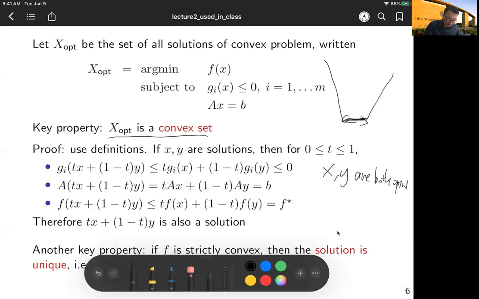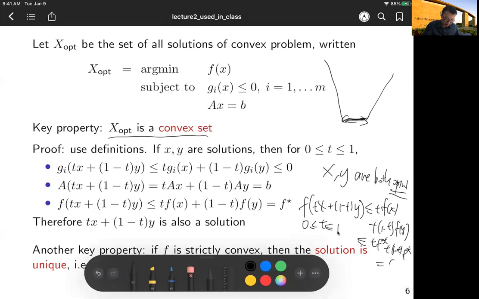Then any interpolation of x and y, with t between 0 and 1, which is any convex combination of these two points, needs to satisfy the condition that f of this is smaller than t f of x plus 1 minus t times f of y. But notice that both x and y are optimal. So that is saying that this is smaller than t f star plus 1 minus t times f star, which is equal to f star.